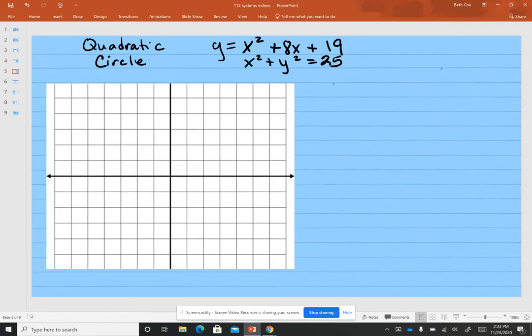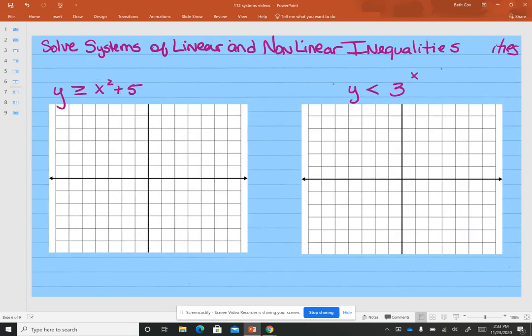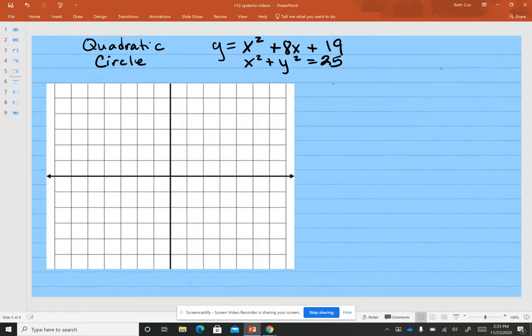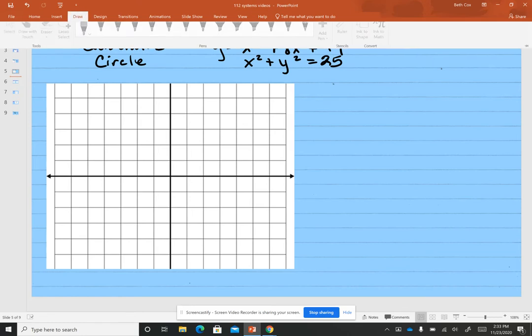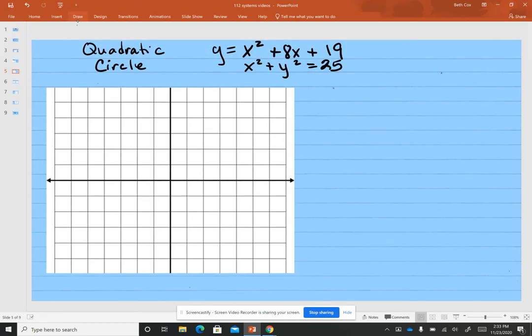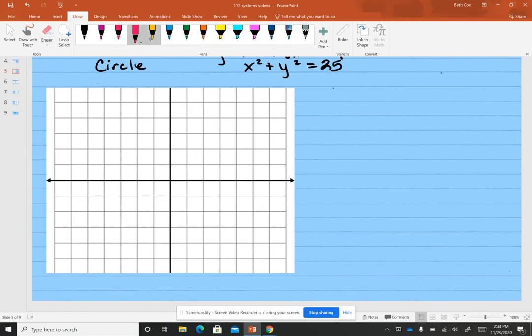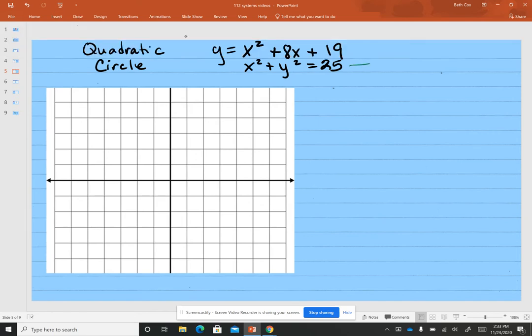This one is a quadratic and a circle, okay? And so for this one, we're going to do the circle, which is the pretty easy one. It's really simple to do a circle. All the ones I'm going to give you are going to have a center at 0, 0. So for my circle, we have a center at 0, 0, because there's no numbers on our x and y.